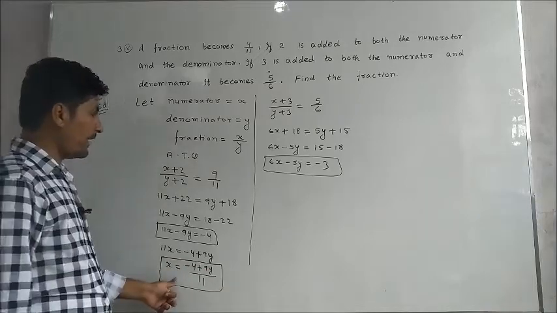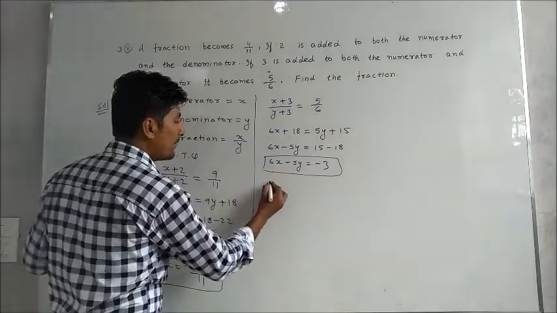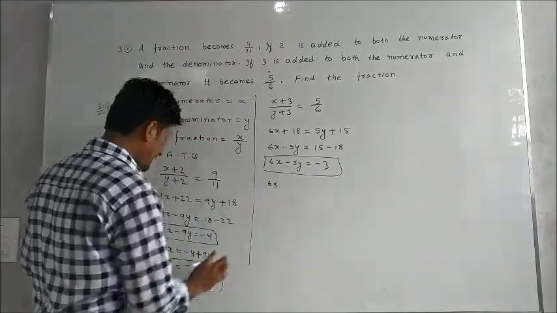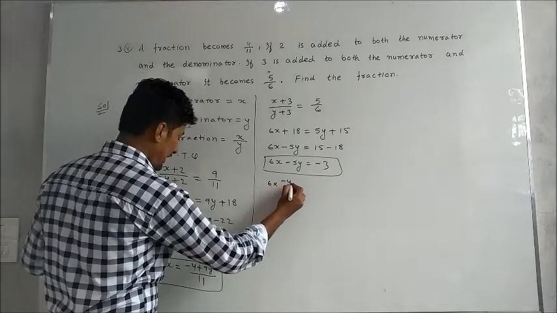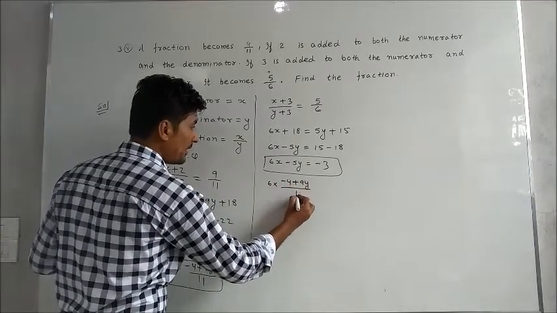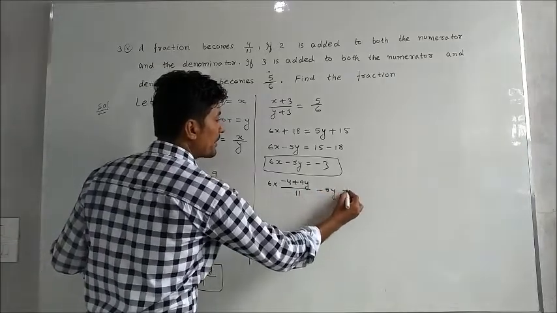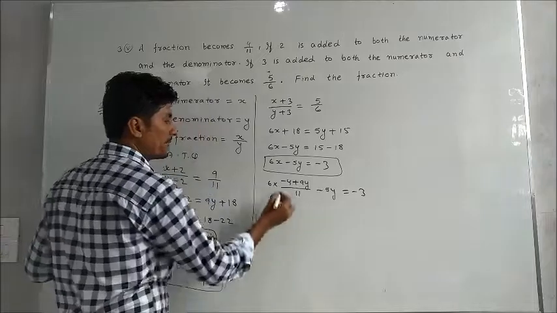After getting the value of x, we can put this value of x in this equation. 6 will be as it is multiplied by x. The value of x we can write here (minus 4 plus 9y) upon 11. Minus 5y will be as it is equals to minus 3.